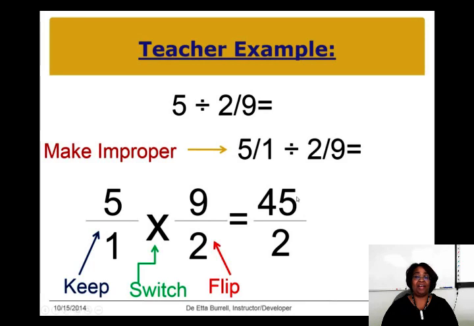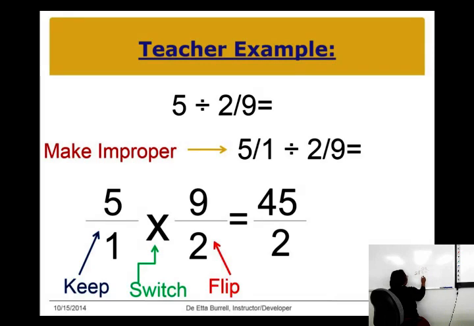Well, to simplify an improper fraction, I just make it a mixed number by division. So when I divide 2 into 45, you guys tell me what that will be. 2 goes into 45 how many times? 24? No, 24 is too big. Oh, 22. 22 would give me 44.